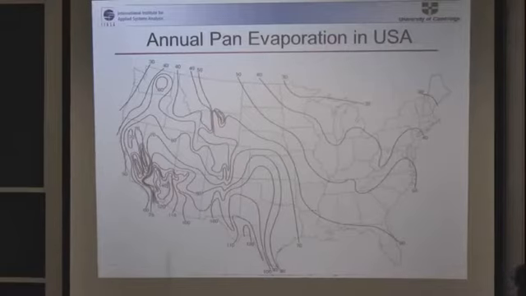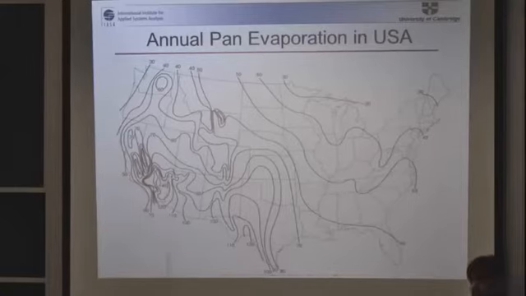This is a typical plot which shows evaporation in different regions of the USA. One can prepare such contour plots to show which regions provide more transpiration and evaporation.